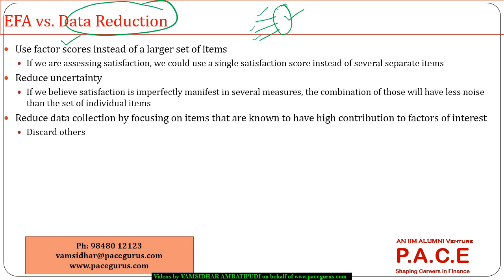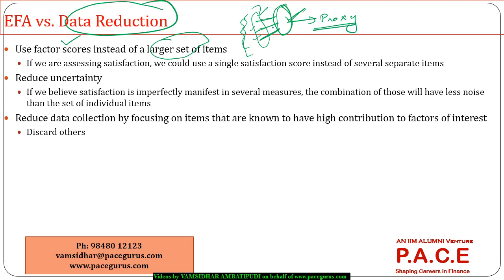I can use the factor score, which is a sum total or some kind of combination of these various variables. So I can avoid the large set of variables, and I can use their proxy. This particular factor is a proxy for each of these variables. So wherever I want to analyze all these variables, I can use their proxy.